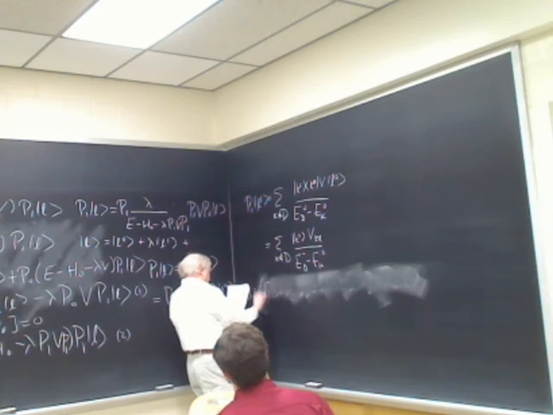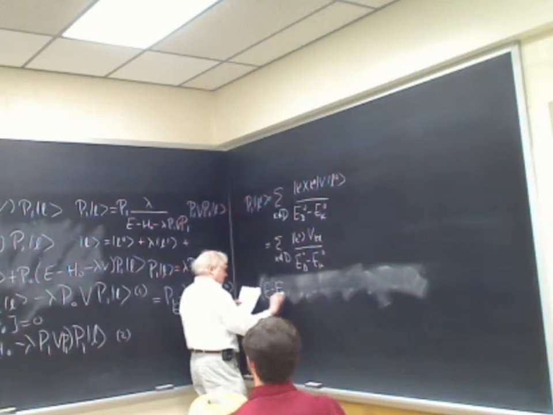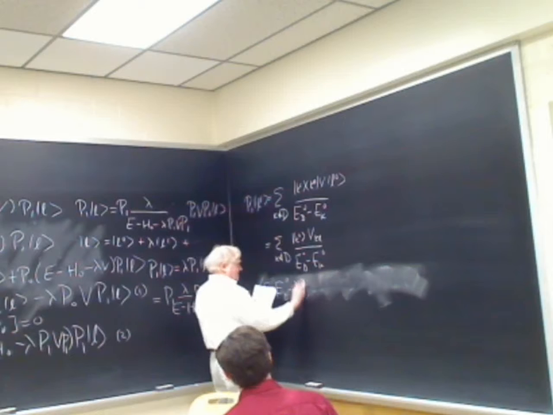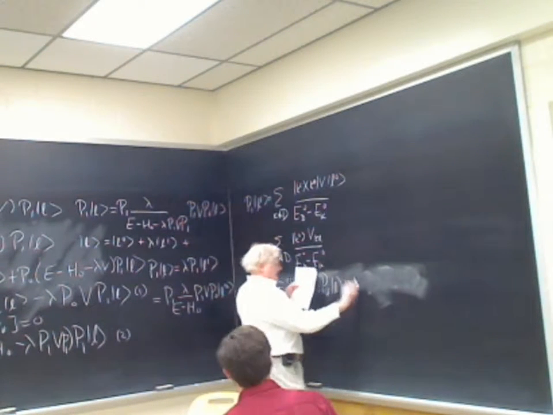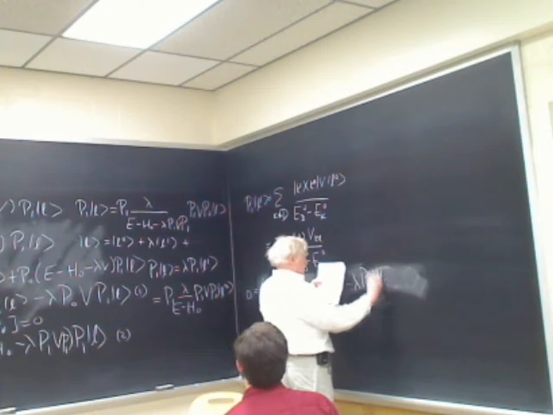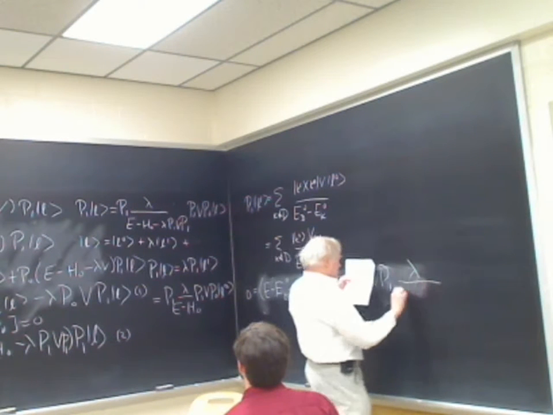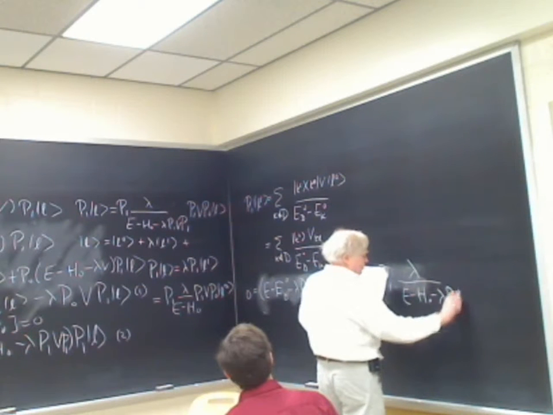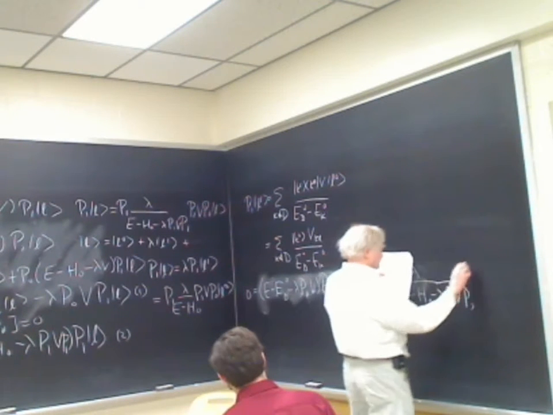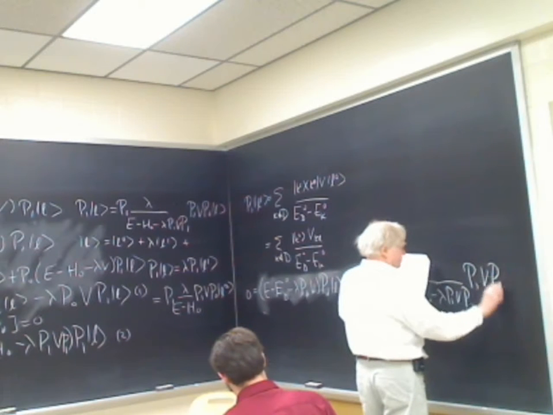What we're getting is 0 equals E minus ED0 minus lambda P0V P0L minus lambda P0V P1 lambda over E minus H0 minus lambda P1V P1, P1V P0L.